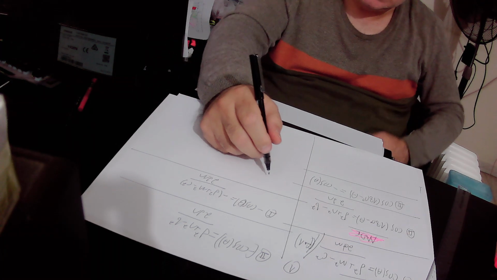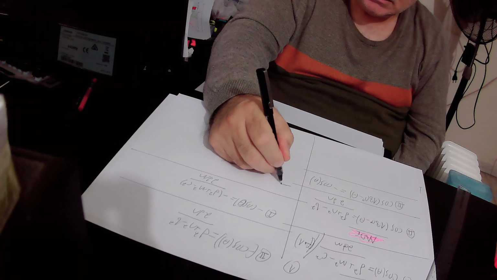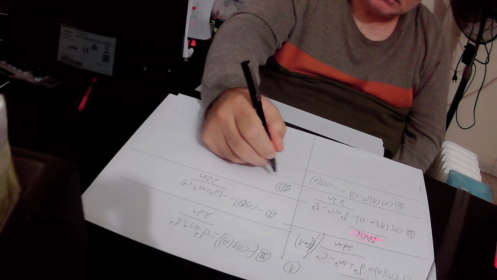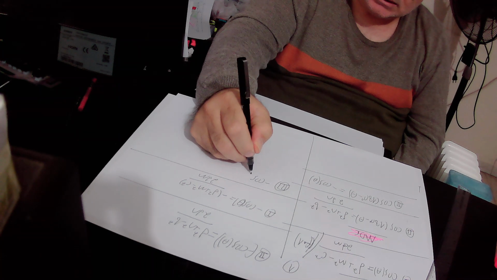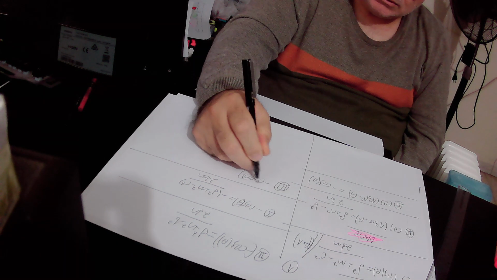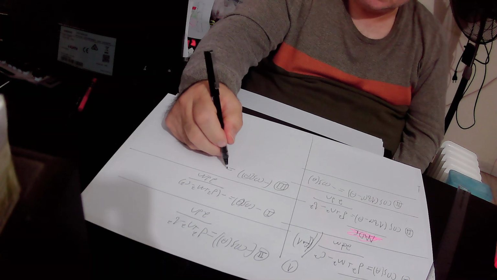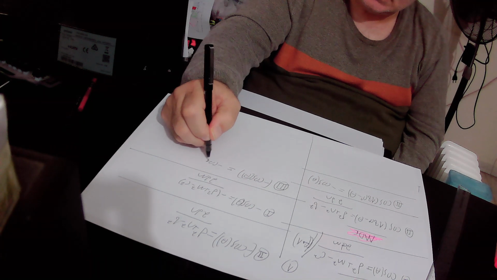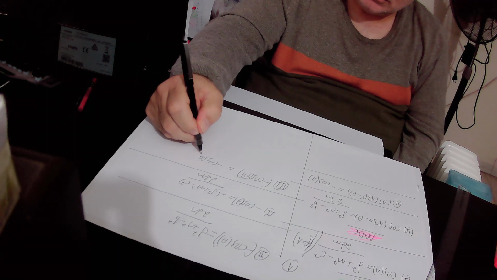In the next step we'll create equation number 3 that states that minus cosine theta according to equation number 1 must be equal to minus cosine theta according to equation number 2.